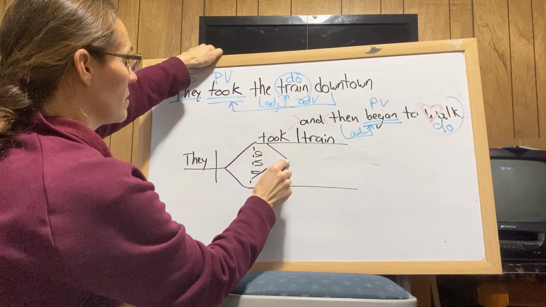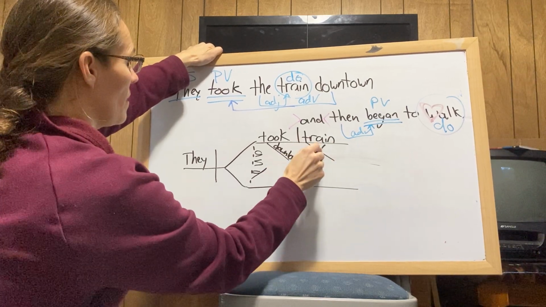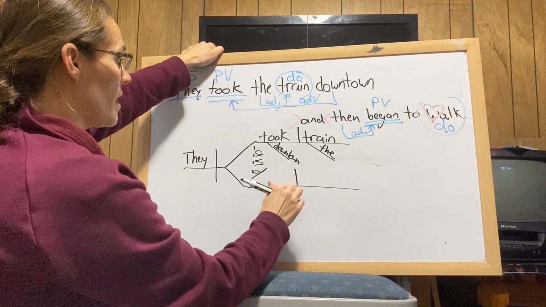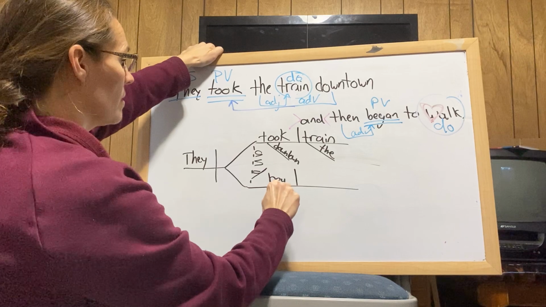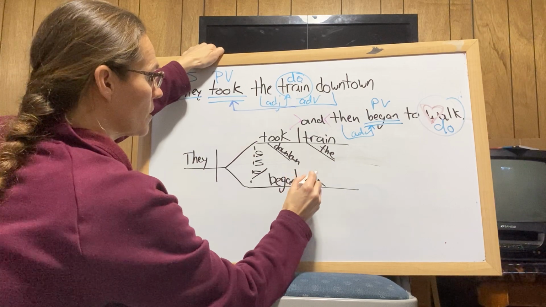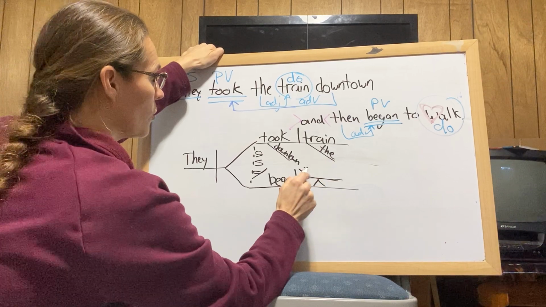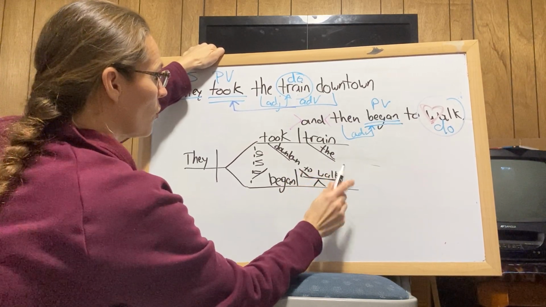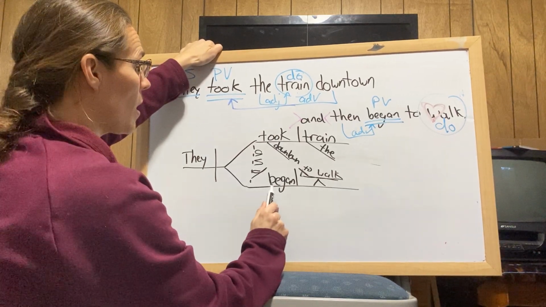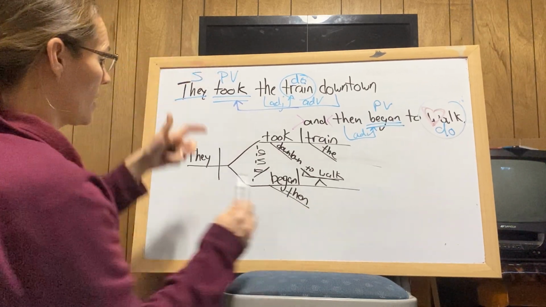Took it where? Downtown. Which train? The train. And then began to do what? It's our infinitive. So it's going to go on a pedestal. To walk. How did they begin to walk? Then. I think that is it.